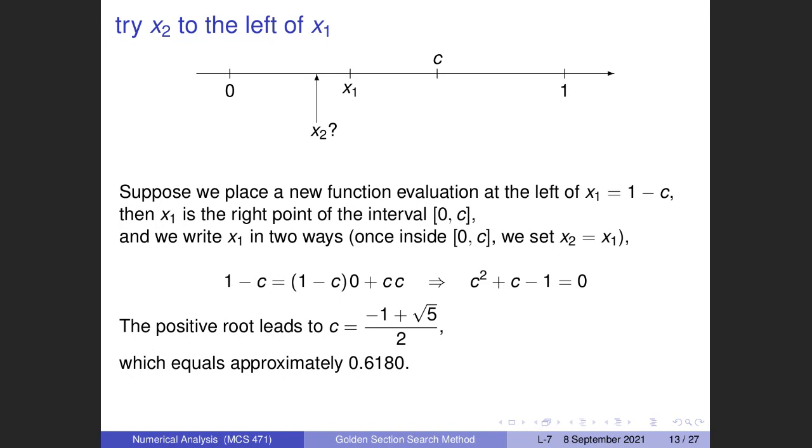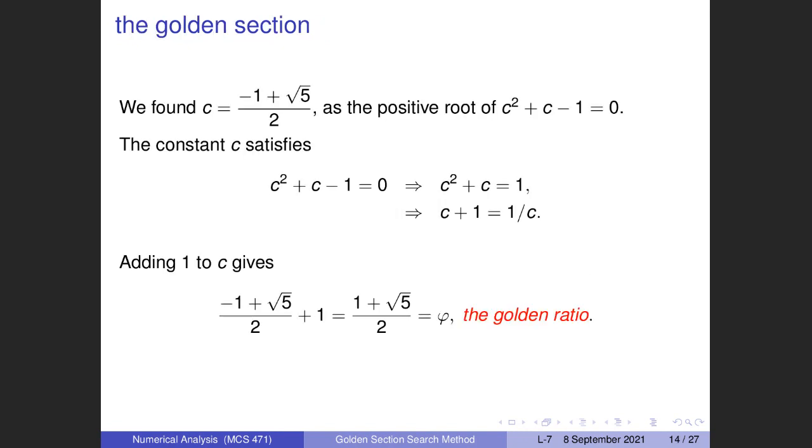I still have to explain why it is called the golden section search method. In short, if you look at the quadratic equation and you add 1 to the root, then you see that we have the golden section, the golden ratio, the same ratio 1.6 that we found with the CCAT method, in the analysis of the CCAT method.